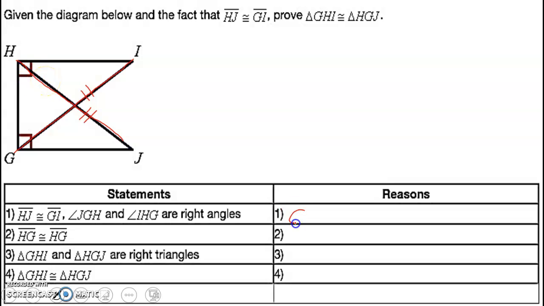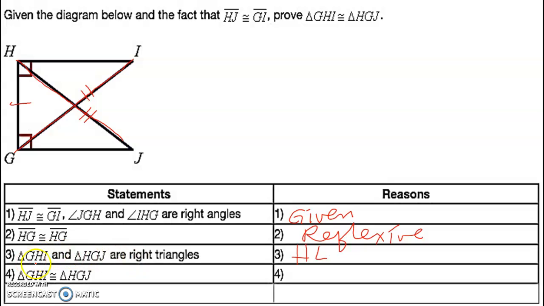So these are all given. Okay, so we said that GH is congruent to GH by reflexive. And so the two triangles are congruent because GH is one of the legs for both triangles.